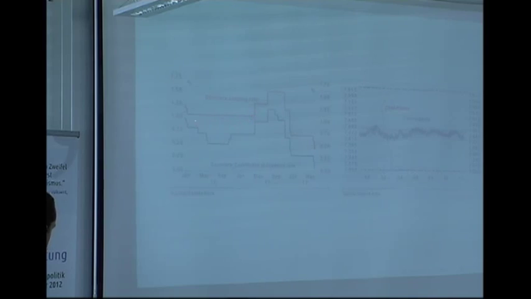The red rate here and the blue rate here are the policy rates of the Danish central bank. And normally it found that it worked pretty well to set them in a channel that encompassed or surrounded the ECB refi rate.